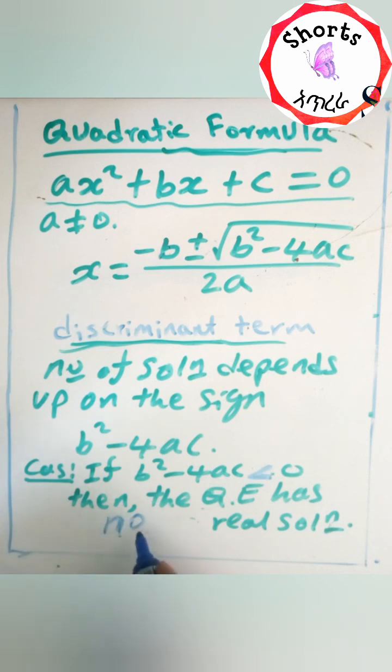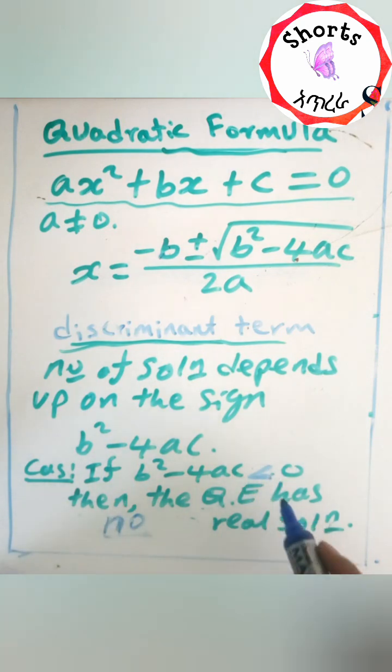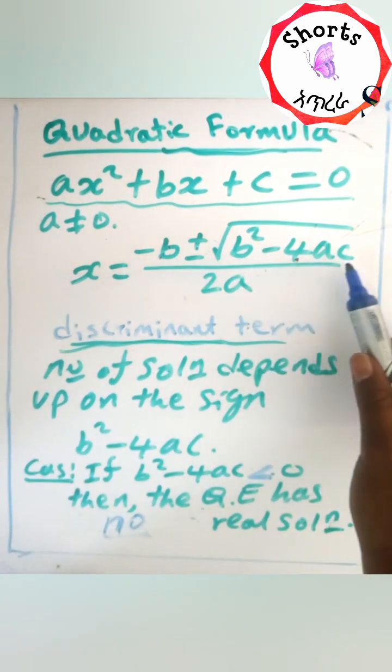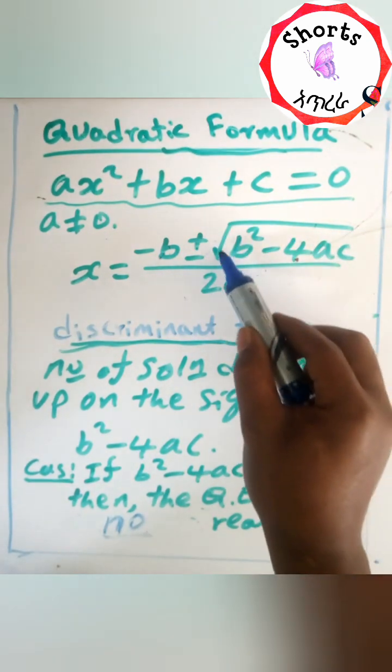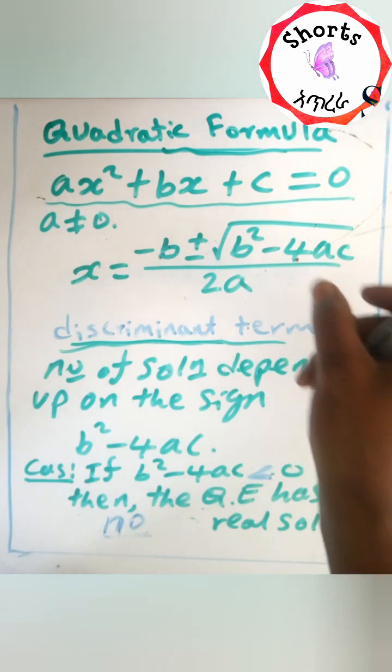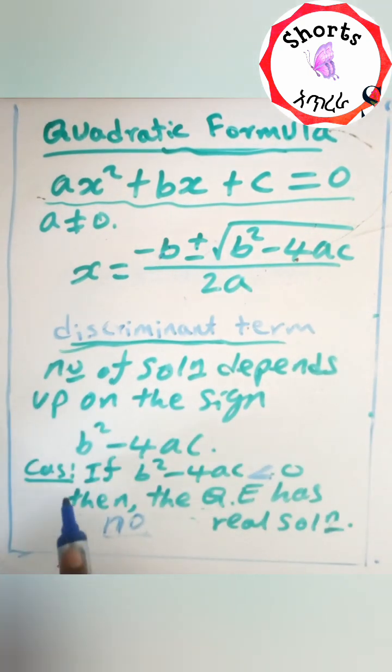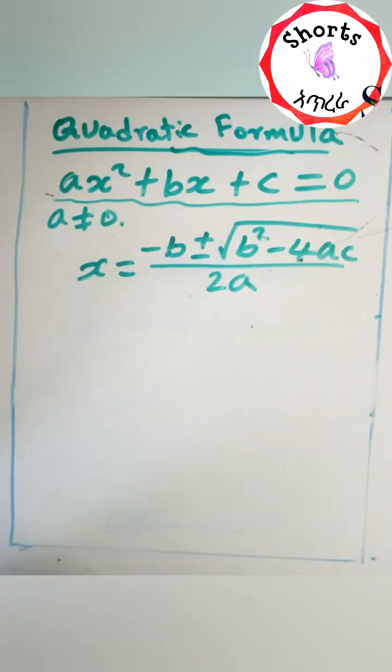If the b square minus 4ac term is negative, the square root of a negative number is undefined in the set of real numbers. Therefore, in this case, the quadratic equation has no real solution.